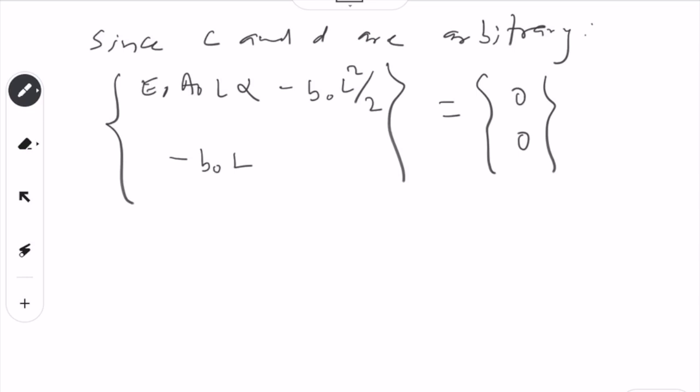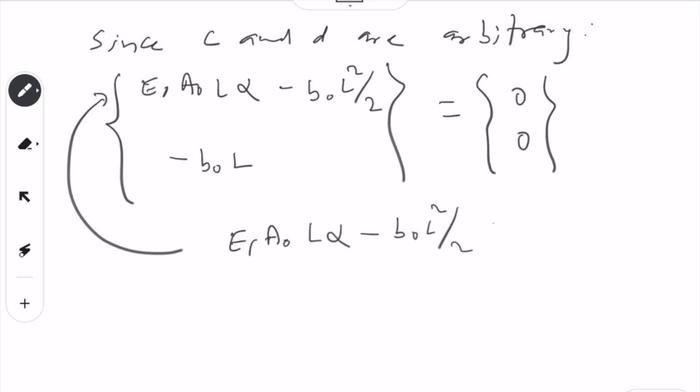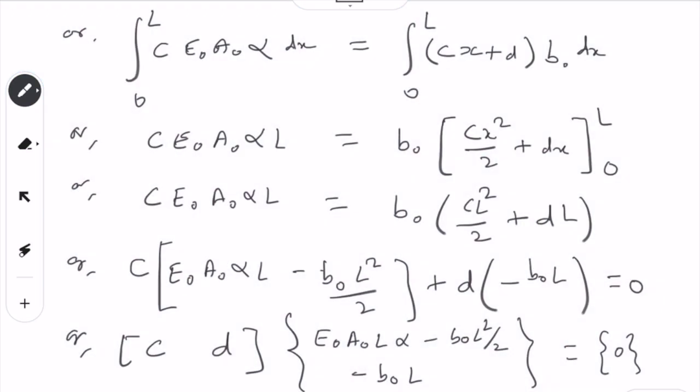And from here, from the first equation, we find that E naught A naught L alpha minus B naught L square over 2 equals 0, or simply alpha equals B naught L square over 2 divided by E naught A naught L. That should be E naught, okay.